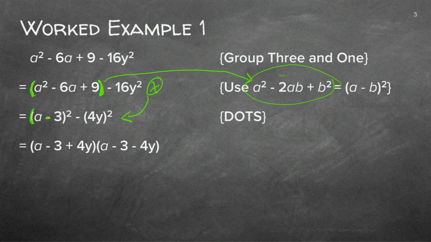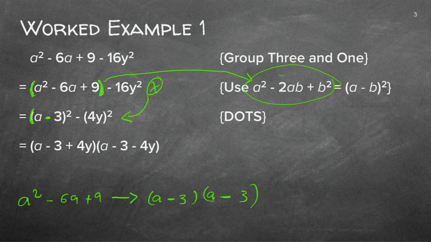If you take aside a squared minus 6a plus 9 and you try to factorize that, you have to open two brackets. Factors of a will be a and a. Factors of the last term, that when you add or subtract they give you the middle term, will be 3 and 3. And which signs can we use to get negative 6? It's negative and negative.